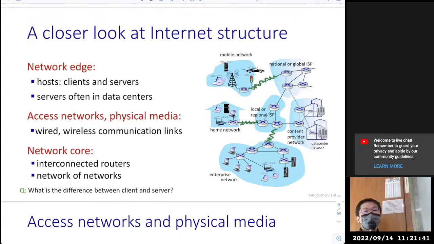We'll talk about it. So at the right hand side, as we draw boundary right here, they are called network core. So they are interconnected routers. There are several devices, as we mentioned before, such as the SRI organization in the ARPANET.